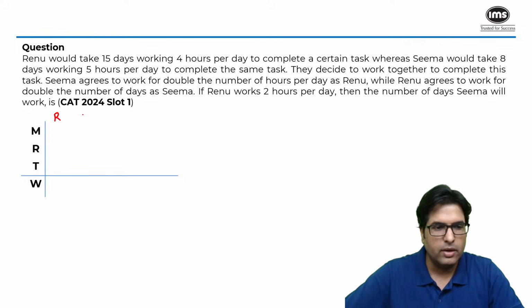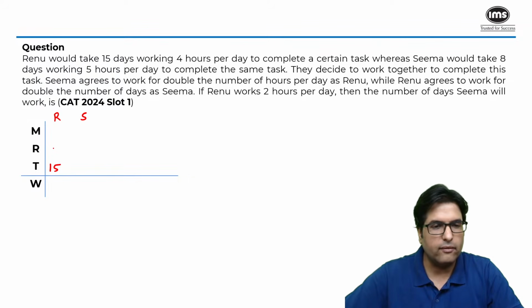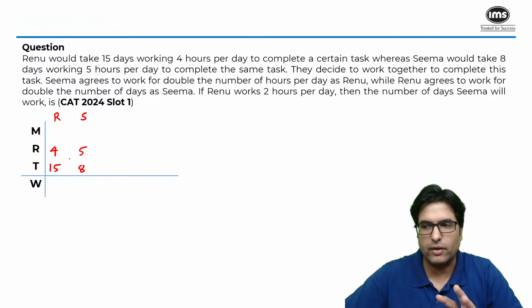So we have Renu, we have Seema, and Renu would take 15 days working 4 hours per day to complete a piece of work, whereas Seema would take 8 days working 5 hours per day to complete the same piece of task.